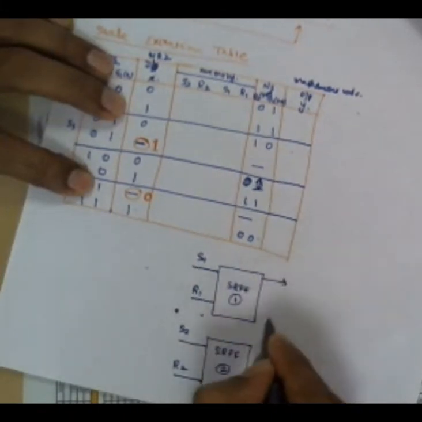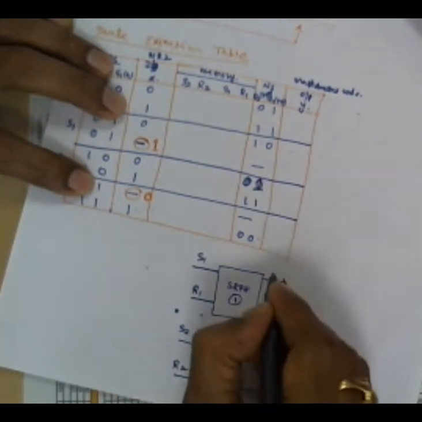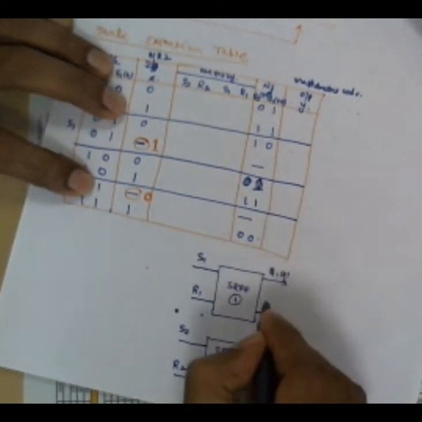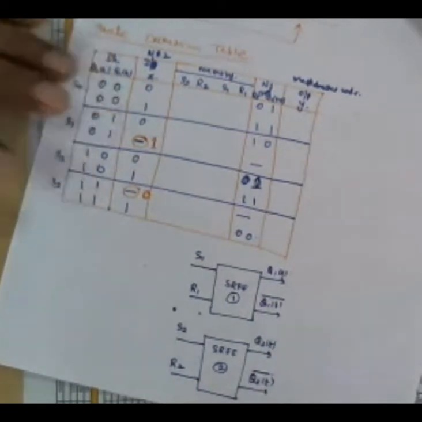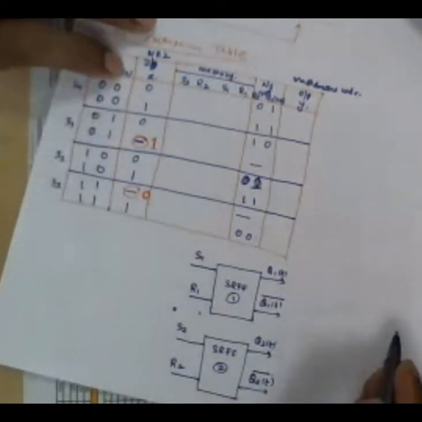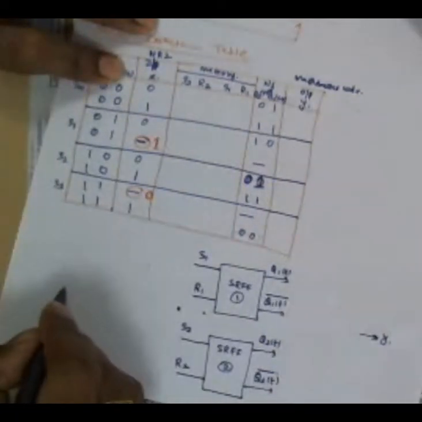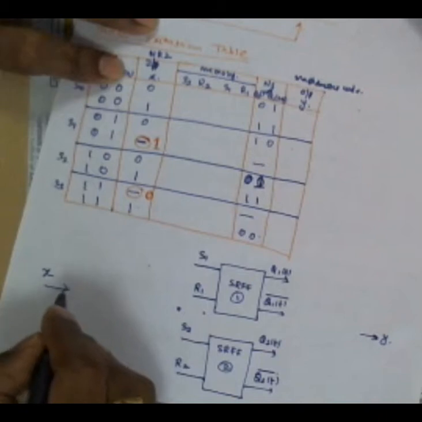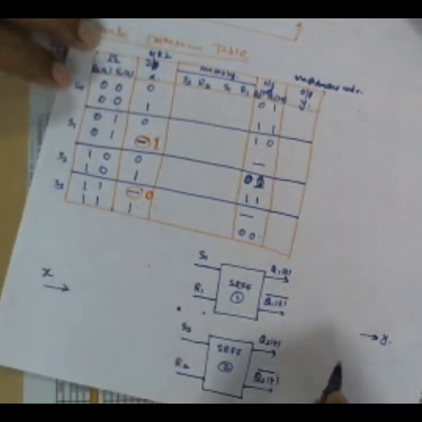And then Q1(t), Q1(t) bar, and then Q2(t), and then Q2(t) bar, right? Now you tell me the output function, where Y is the output and X is the input. Now you tell me what is the combinational circuit required here and here for this application.